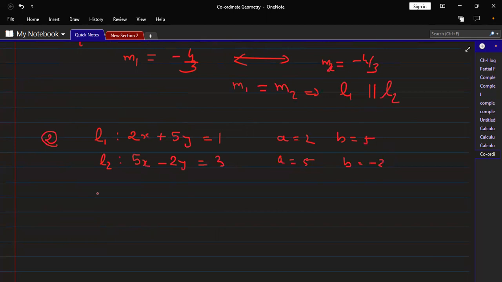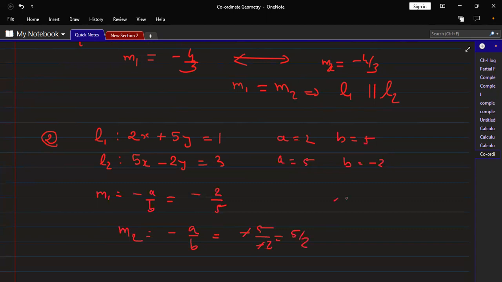So for M1, minus A upon B. So this way minus 2 upon 5. M2 is minus A upon B, the same way minus 5 by minus 2. So your answer is 5 by 2.